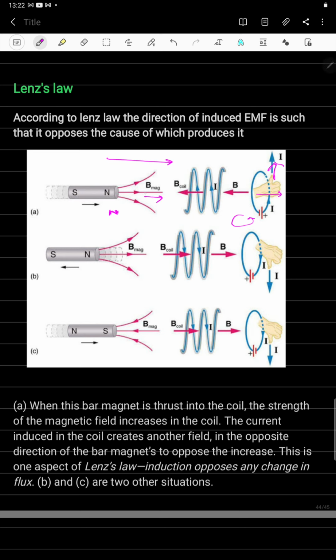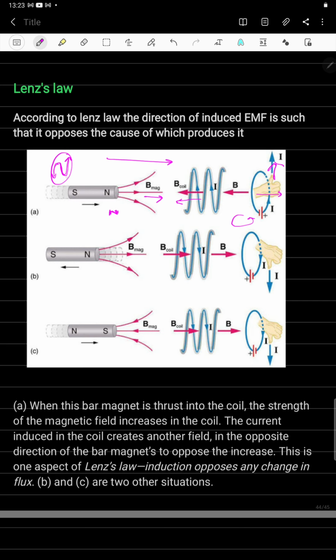This is the direction of the bar magnet's field, and this is the direction of the field generated by the circular loop. The current is produced in a counterclockwise direction, which is also called the clock rule of the face in the loop.